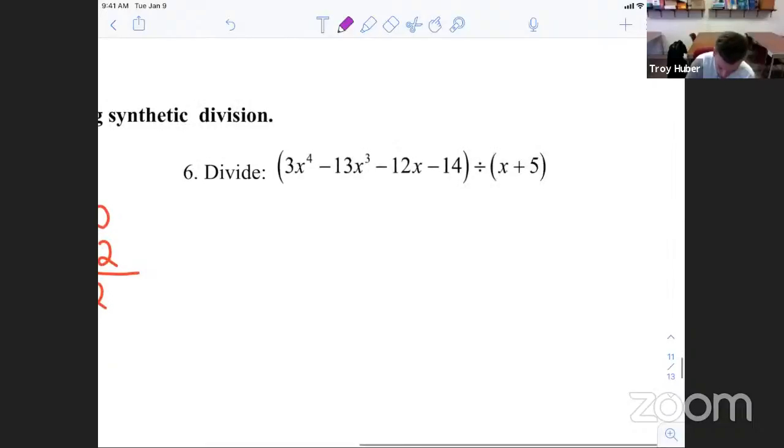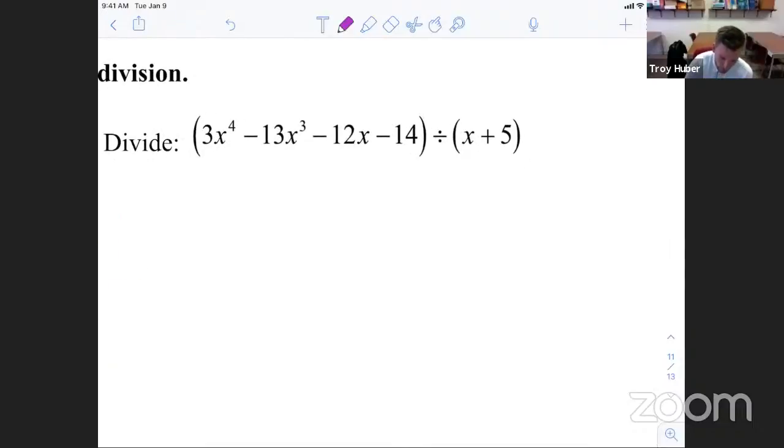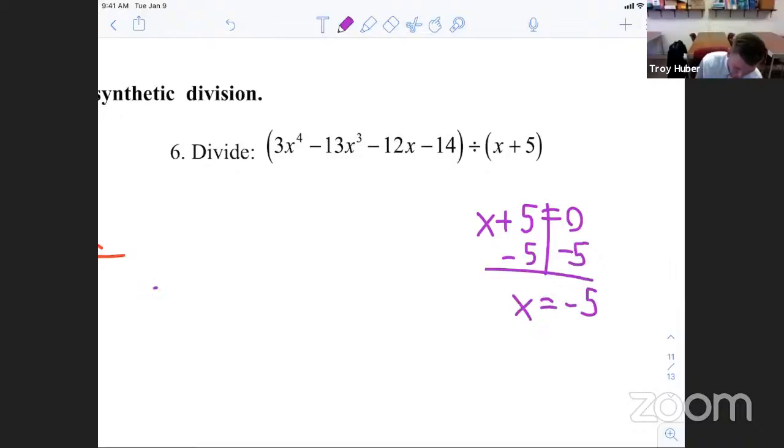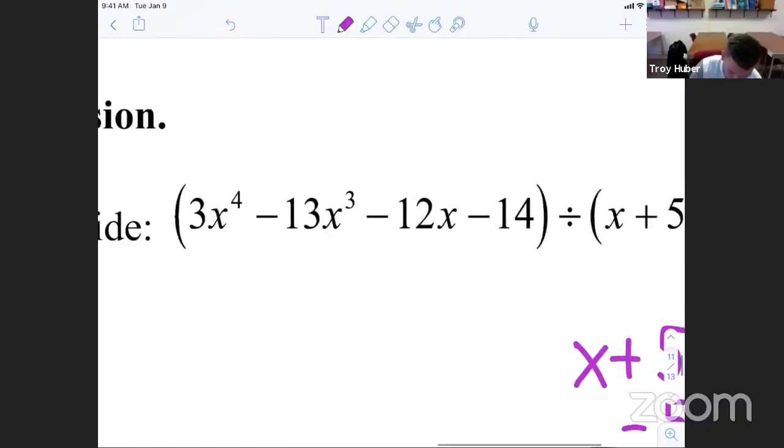Okay, let's try another one of those. Number 6, x plus 5, set that equal to 0. So we get x is equal to negative 5. Write that on the outside of our synthetic division hut. Check to see that all of your degrees are represented. So we have x to the fourth, x to the third.